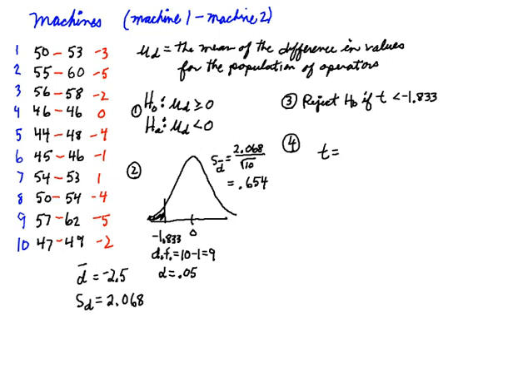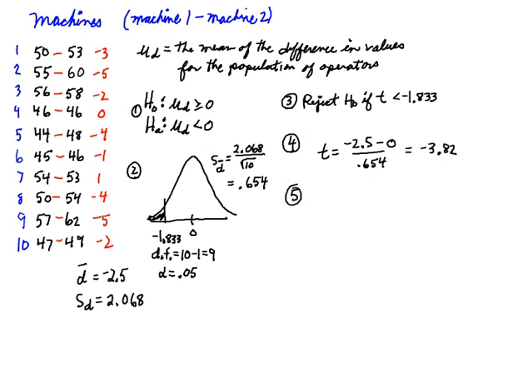So I'll take my sample average, the average of the differences, subtract what I'm testing against, divided by my standard error, and that is a negative 3.82.